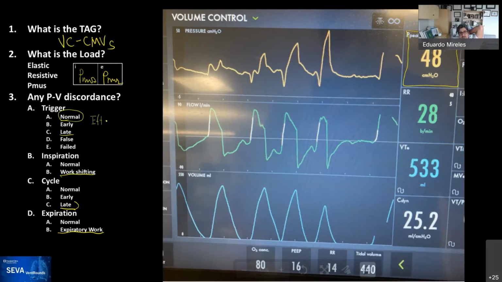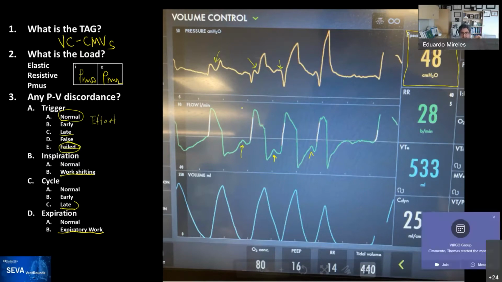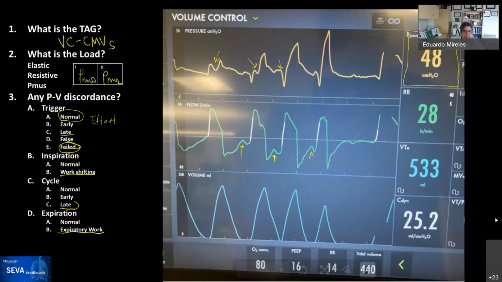The patient is doing a lot of effort to trigger the ventilator. You have, again, these little suckers that we saw before that suggest there may be failed triggers. And during the initial inspiration, there's the work shifting that you saw before. This is all work shifting.